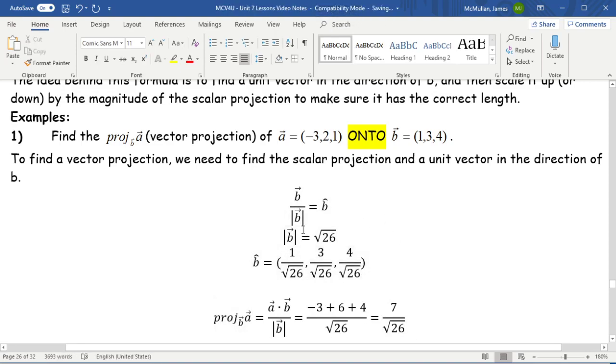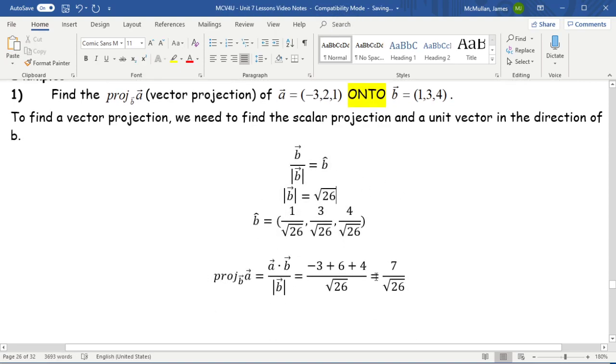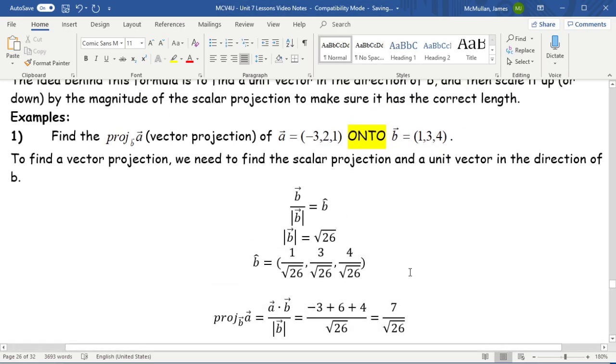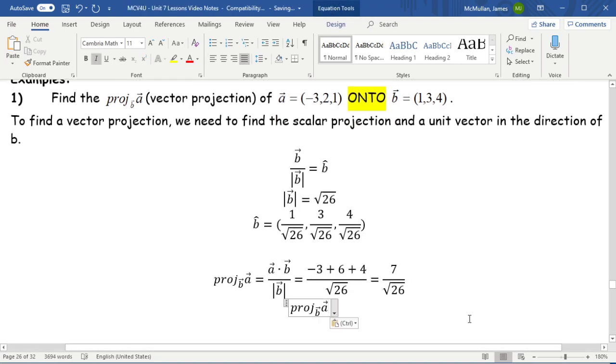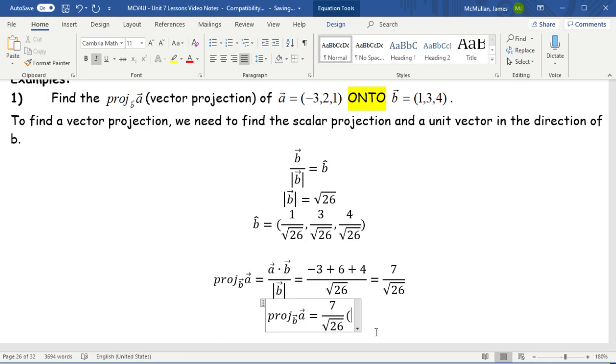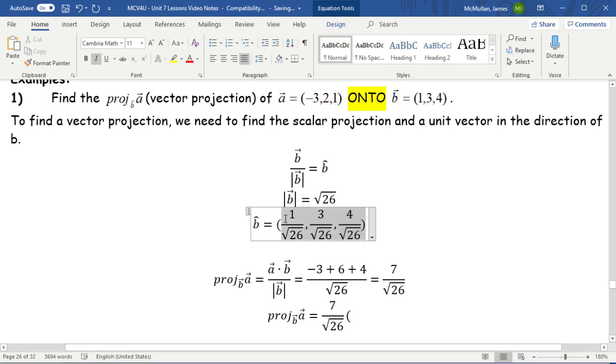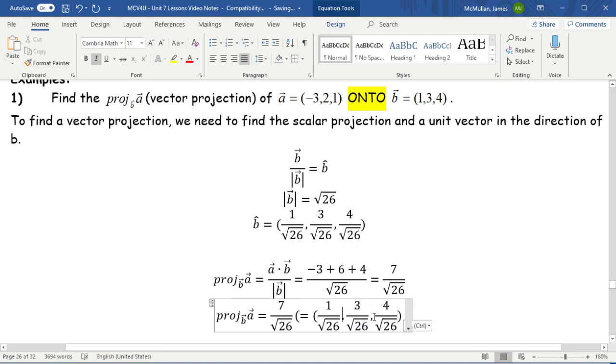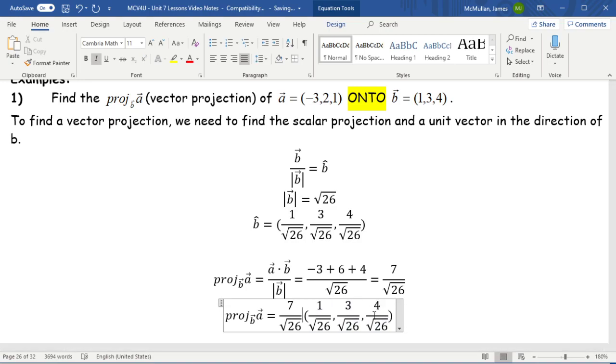You know how to make a unit vector. We've done this before. You know how to do a projection because we did it above. So how do you make a vector projection? You just stick these two things together. So projecting A onto B is going to be equal to this value, the 7 over root 26, as a scalar multiple times this vector. Okay, so notice what's going to happen here.